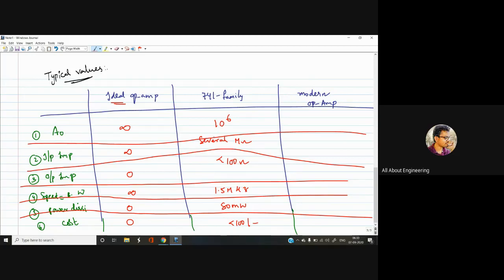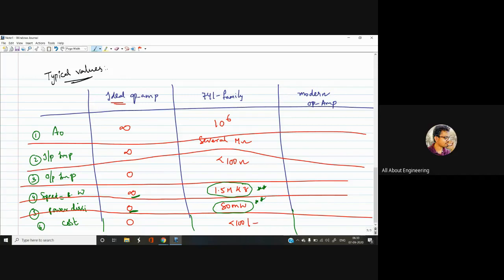Okay, now there are a few important points that you should notice. If you see this, it is very much less than the ideal value. The ideal speed or bandwidth of an ideal op amp is infinite, but this is somewhere around 1.5 megahertz. So this is not a good specification to be used. The bandwidth is somewhat less in the 741 family, and even the power dissipation is a huge power dissipating across the device, because for the ideal case it should not dissipate any power, but here around 80 milliwatts of power is dissipating.